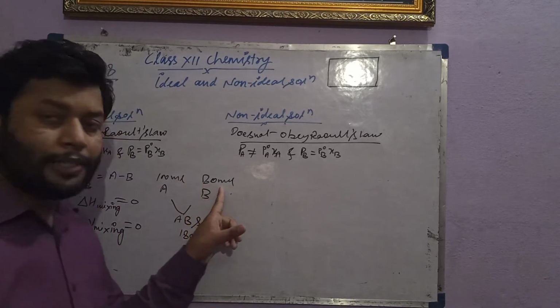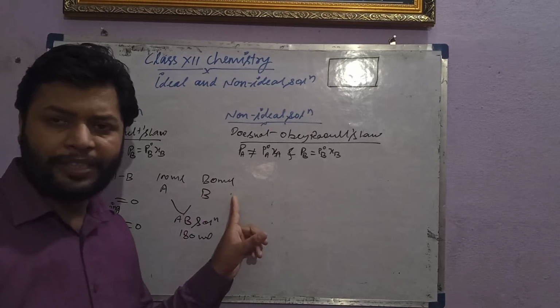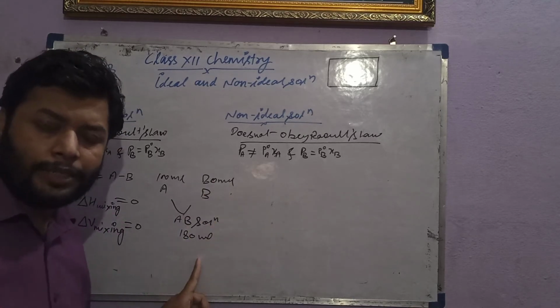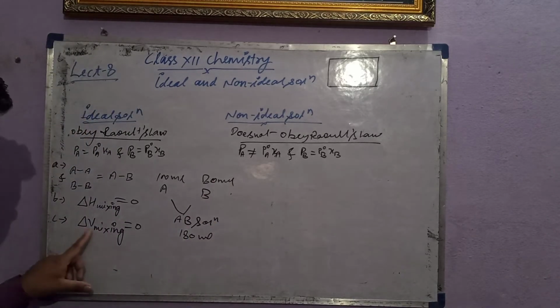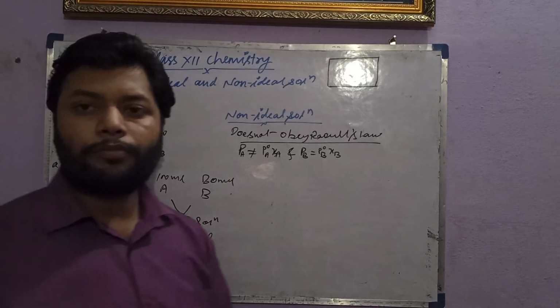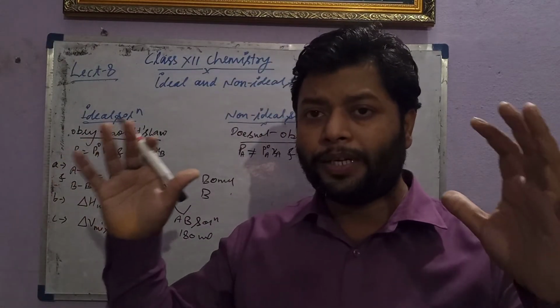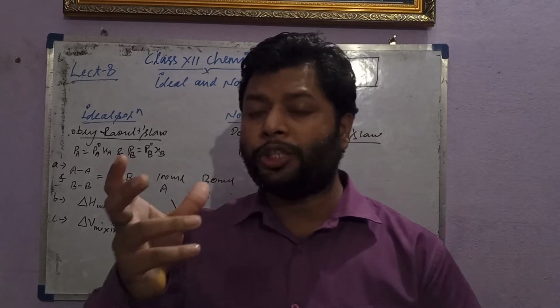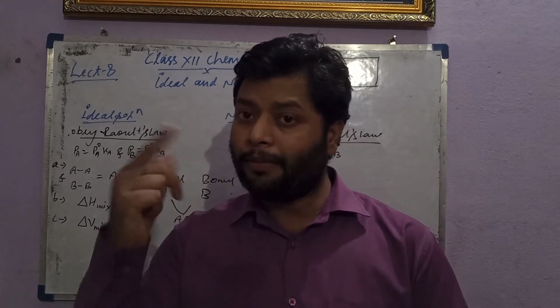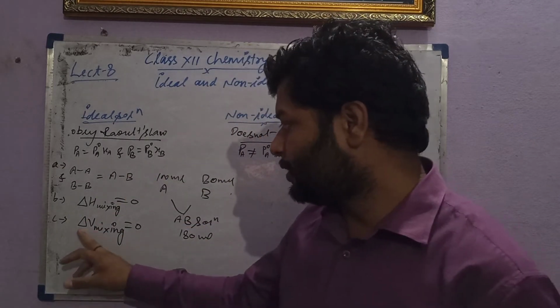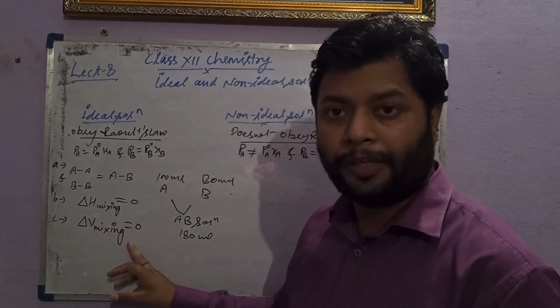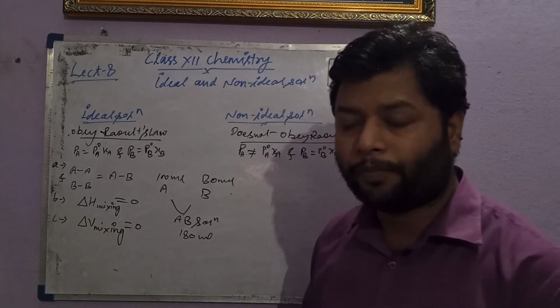Before mixing, it was 100 plus 80, that is 180, and after mixing, that is also 180. So when we mix two different components and there is no net change in the volume after mixing and before mixing, delta V mixing must be 0.